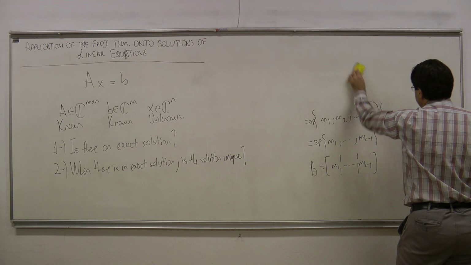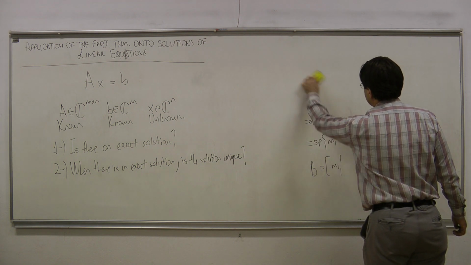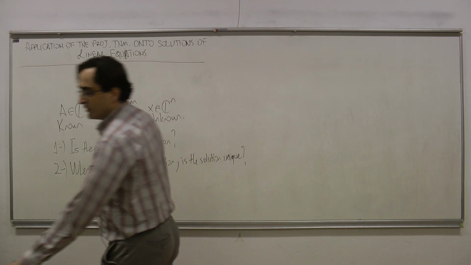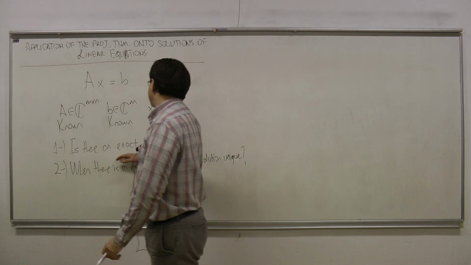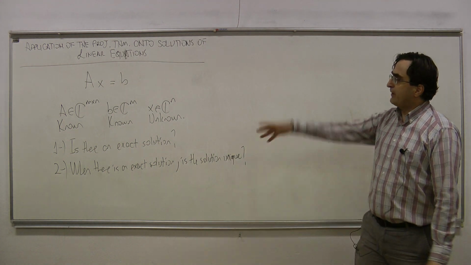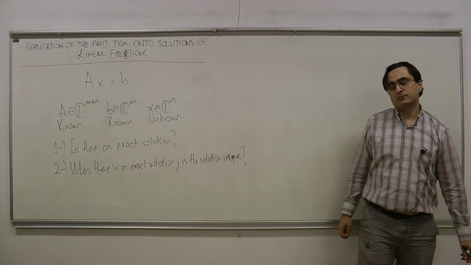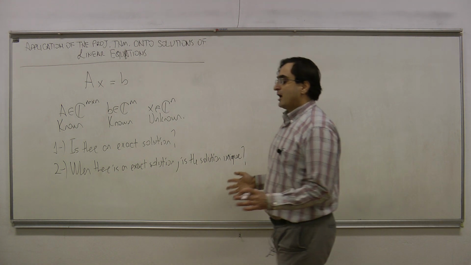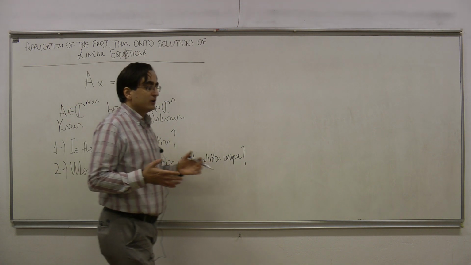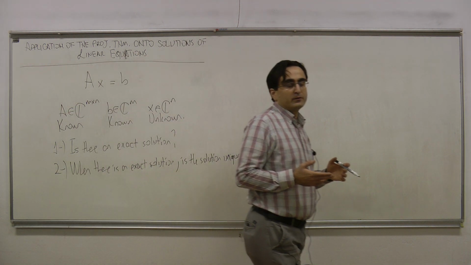When I ask these questions in a real classroom, I usually get the following answer from the students. Is there an exact solution, I ask? And the answer is usually, if A is invertible, yes. That type of answer means that the corresponding student does not really know the theory.